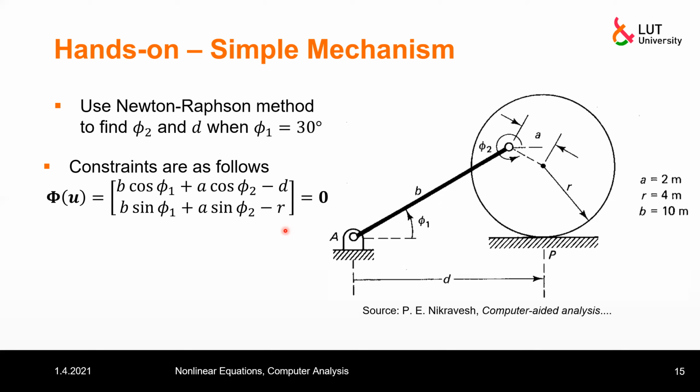Knowing that A is always fixed here on the ground, using those physical properties of this mechanical model, that point also has a fixed position with respect to the circle. Here is the center. We also assume that the circle is always in contact with the ground. We can simply write.